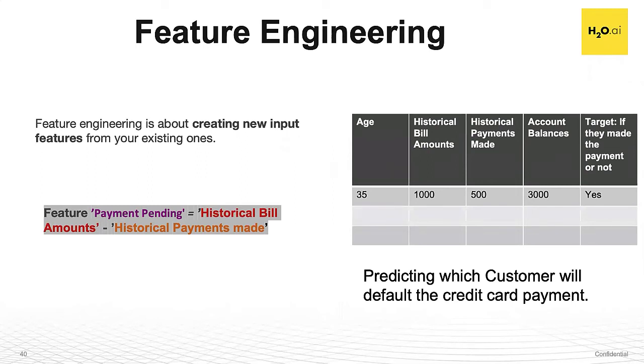So again, for our example data set, we have 4 features with us. What if we could create a new feature called payment pending? And that could be obtained by subtracting the payments made from the bill amounts.